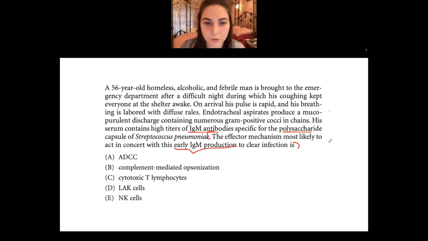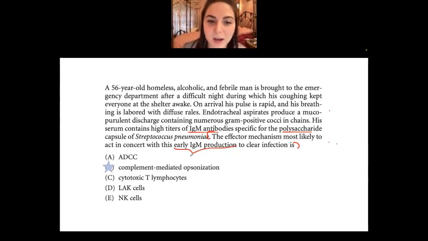We need to see a protein in order to get IgG. Okay, so this one is going to be complement-mediated opsonization. I do think they worded this kind of weirdly. IgM is not an opsonizer. We talked about this.